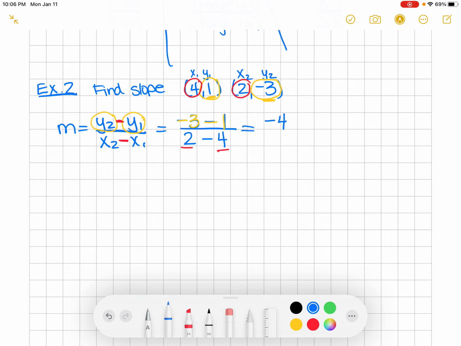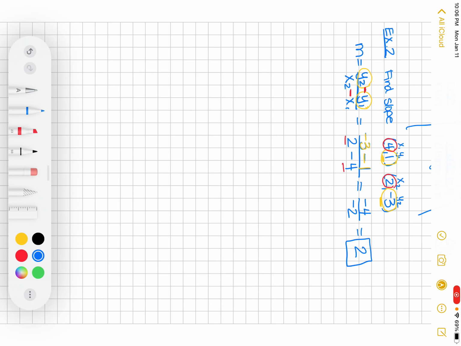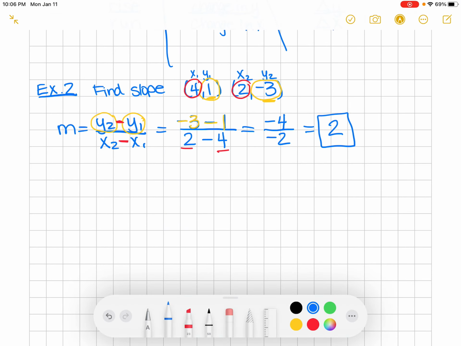And 2 minus 4 is negative 2. Now I have negative 4 divided by negative 2, and that's going to give me positive 2. So your slope for example 2 is 2. If you got that right, then you got example 2 right. Good job.